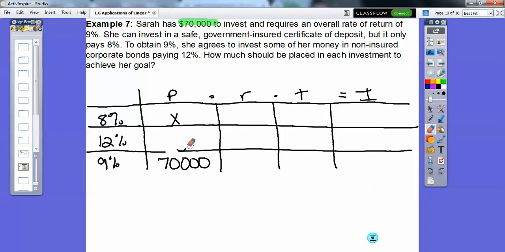Another way of thinking about it: you have $70,000. If you give me $20,000, how much do you have left? 50. You get it by subtracting your total minus the amount you've already used. Right. So that column is a little bit different than what we were doing last week. Do you guys have questions for me right here?